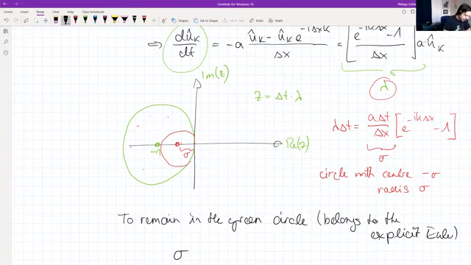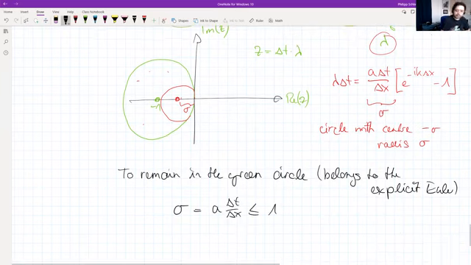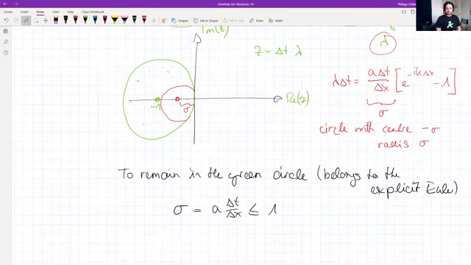So sigma, which is a times delta t divided by delta x, is lower or equal 1, as before, or as we have now shown for a few cases.